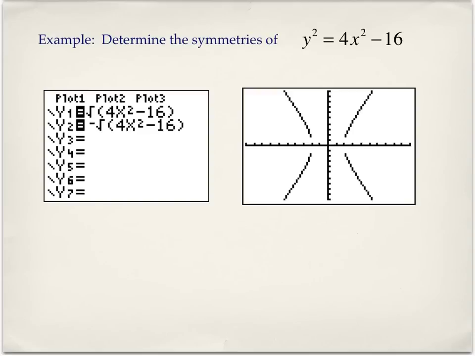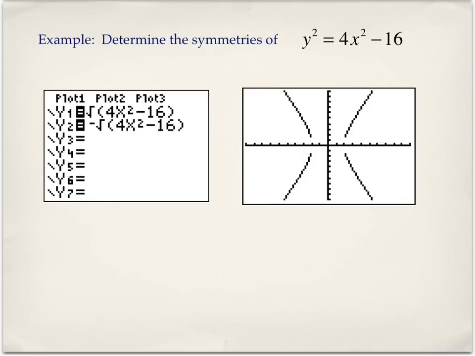Not only do I need to take the square root of that, but I need to take the negative square root of it. And both of those are vital on a problem like this. If you think about it, it's a little bit like asking, what's the square root of 16? Well, it could be 4 or it could be negative 4. That's kind of our thinking here. So really you need two different graphs entered into your calculator in order to graph this correctly.